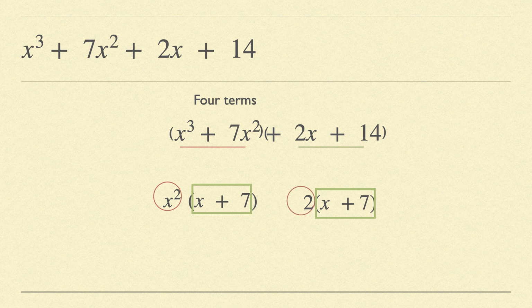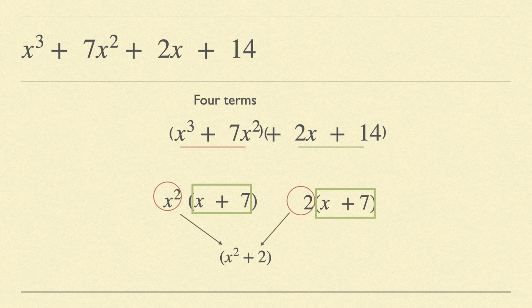All right, so now here's what I need to do every single time. I'm going to write down the GCFs from each binomial. Those are going to be one set, okay? That's going to be one factor. So I'm going to bring down the x squared and the 2, and I'm going to make a new binomial, x squared plus 2. So those are my leftovers.